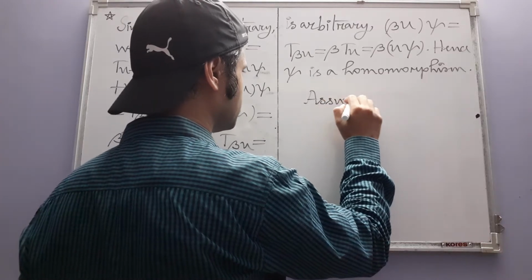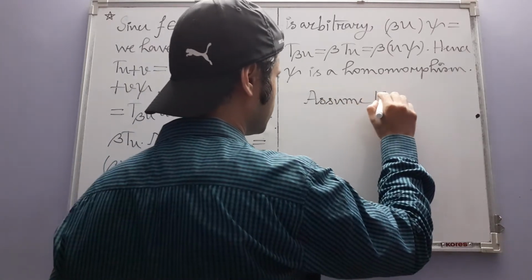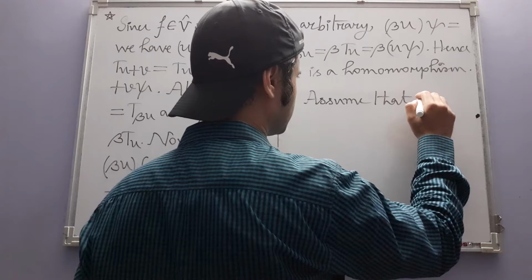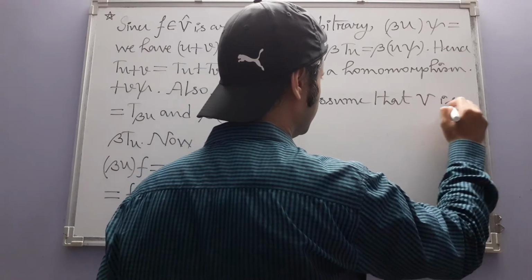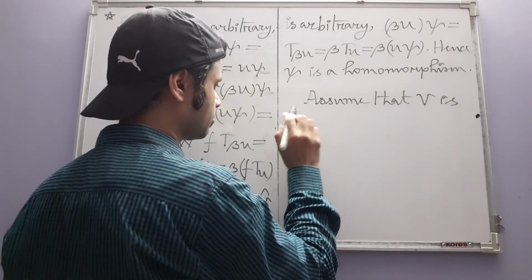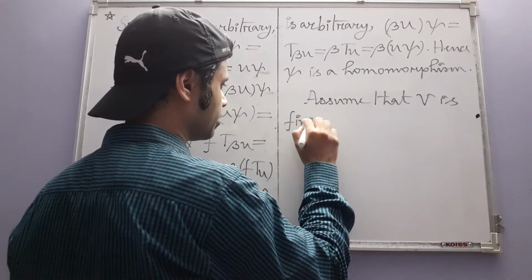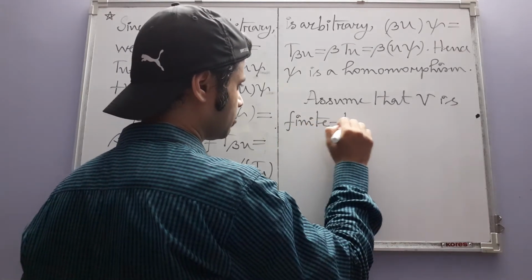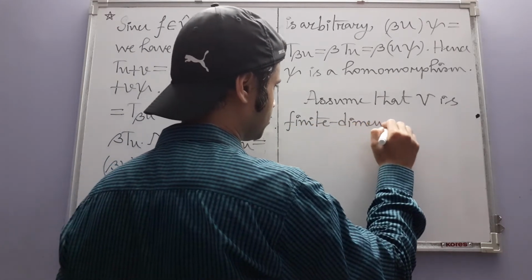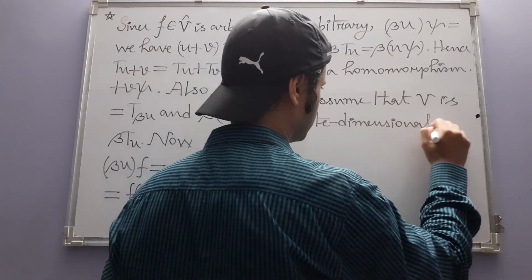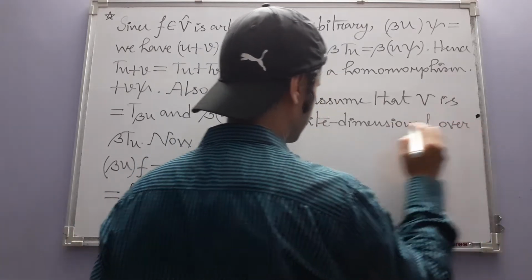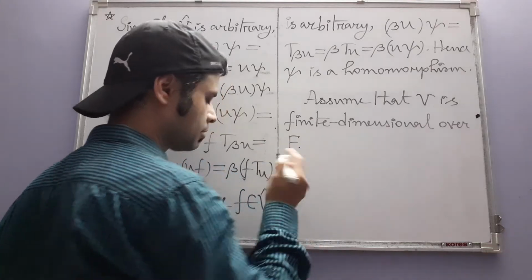Assume that V is finite dimensional over the underlying field.